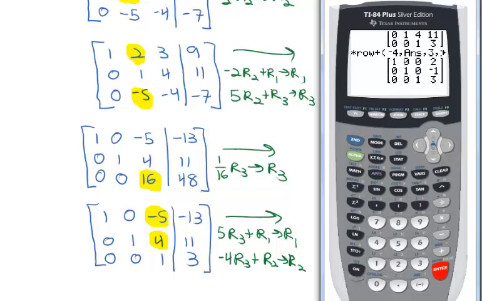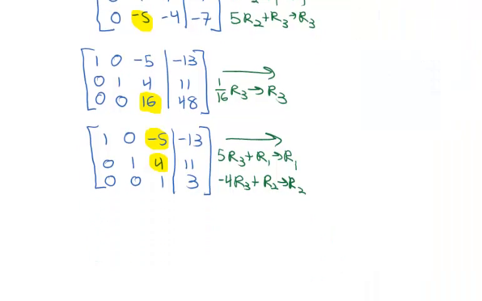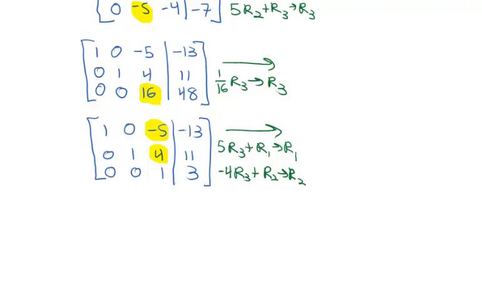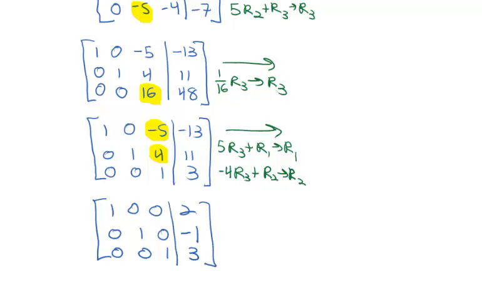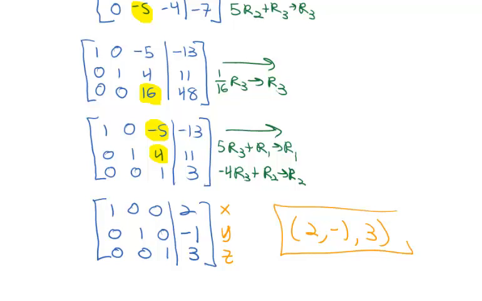And there we have our reduced row echelon form: 1, 0, 0, 2, 0, 1, 0, -1, 0, 0, 1, 3. And off of this we can see our x, y, z, the same answer we got before using A inverse B: 2, -1, 3.